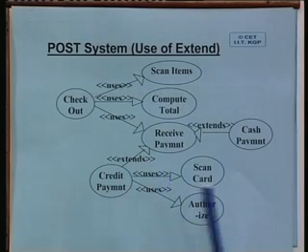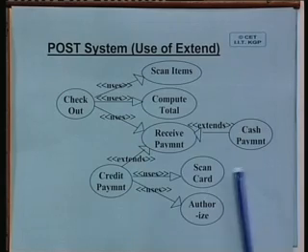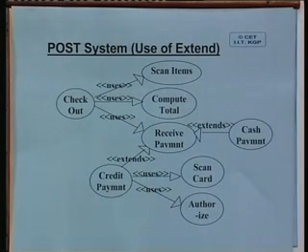Because in the credit payment diagram, you have to have processes like scan card and authorize, and in the cash payment, you don't have them, alright. So that is basically the power of your extends. Okay. So you can show more details by use of extends. Not only that, it helps you later, as we shall see afterwards, how all these can actually help in devising further into our object oriented analysis.